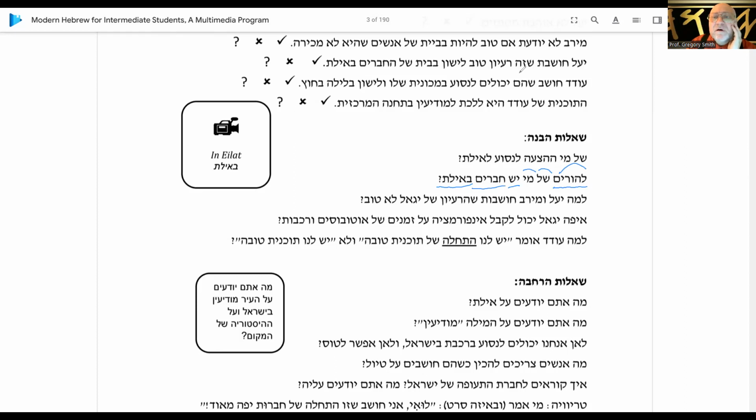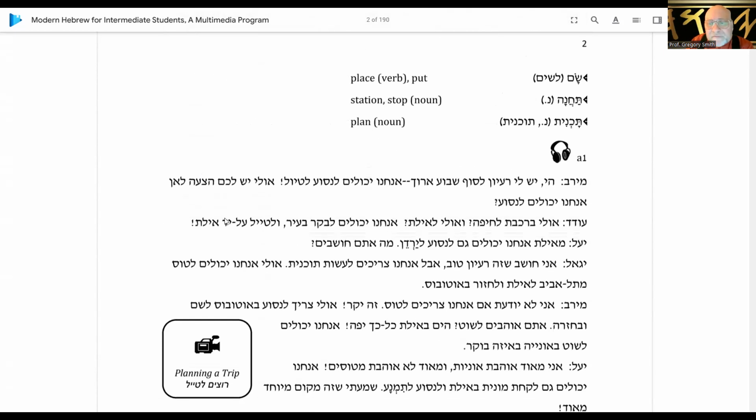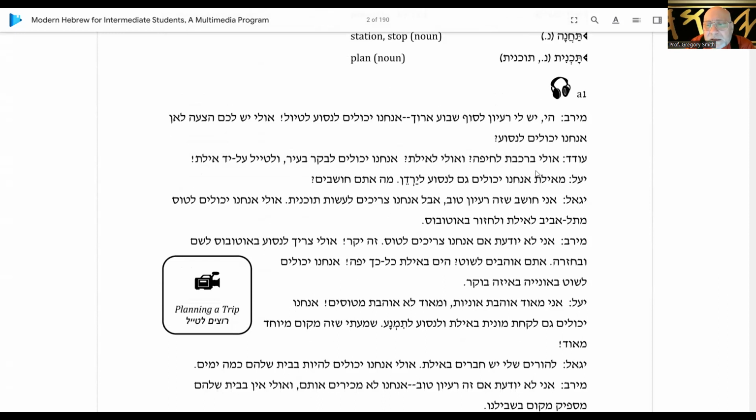All right, so I'm going to have to go up here and figure this out. I remember somebody proposed that to go to Eilat. What I've got to do is find the word horim in here and chaverim. It should be a sentence that has horim and chaverim in the same sentence. Let's see here. Okay, no, that's not it.